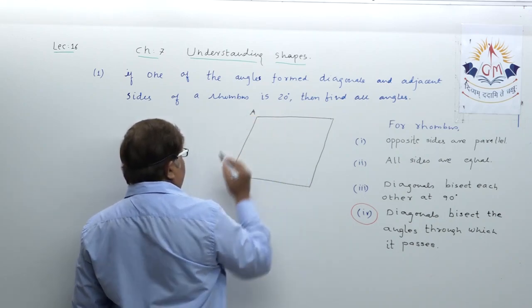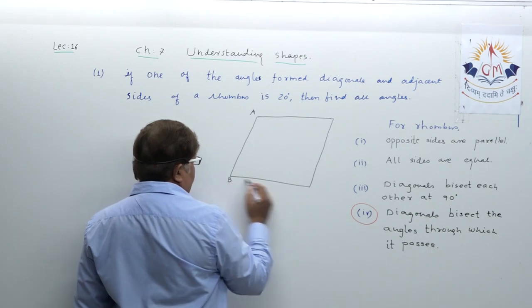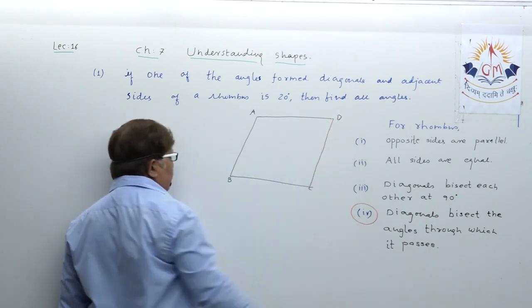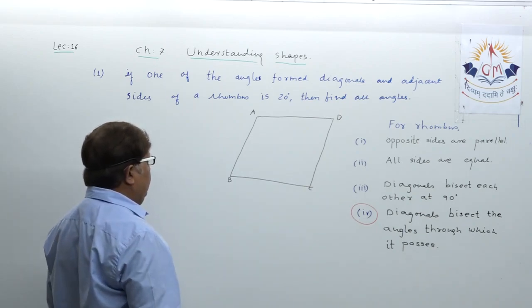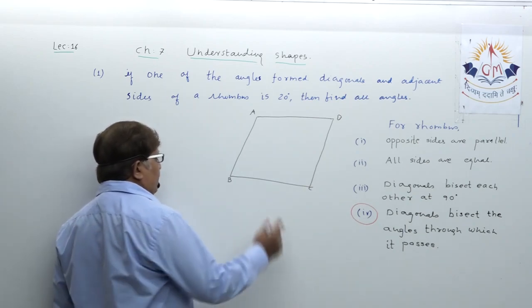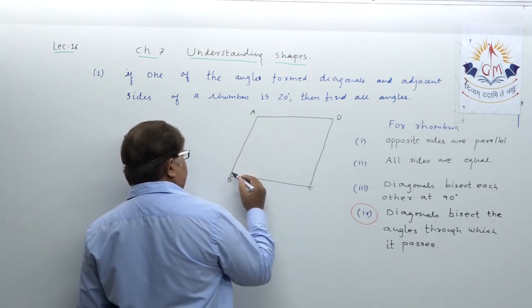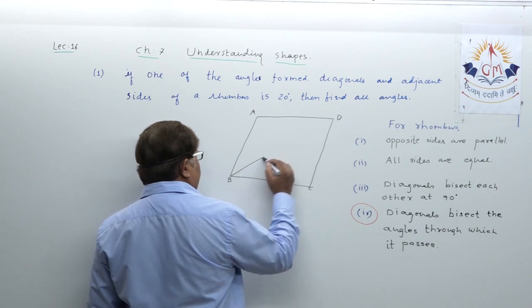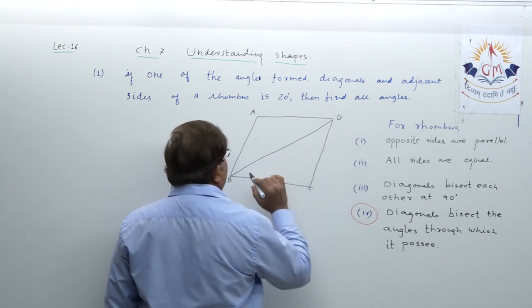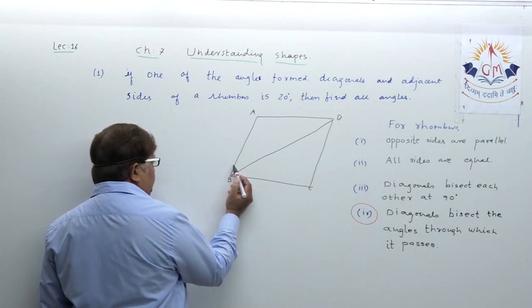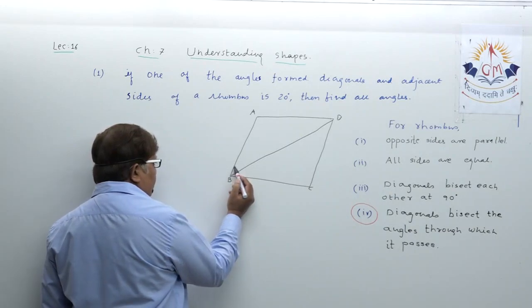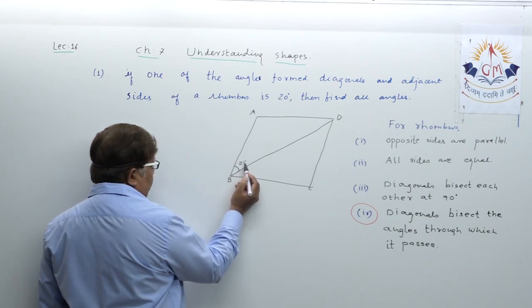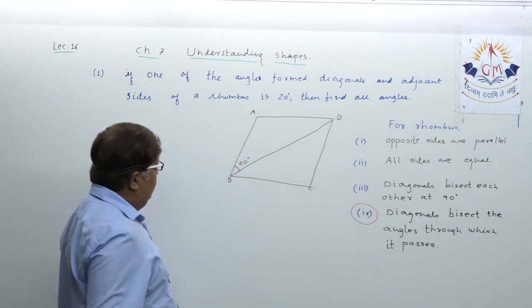How can you represent the given angle? Dear student, you need to understand this in this way. Suppose I draw one diagonal. So I have to show 20 degrees here. You understood this? This is the meaning of this.